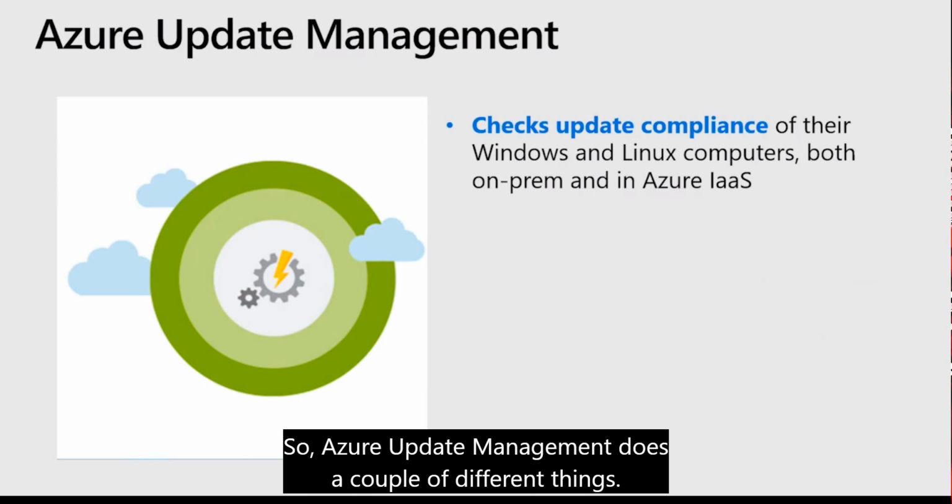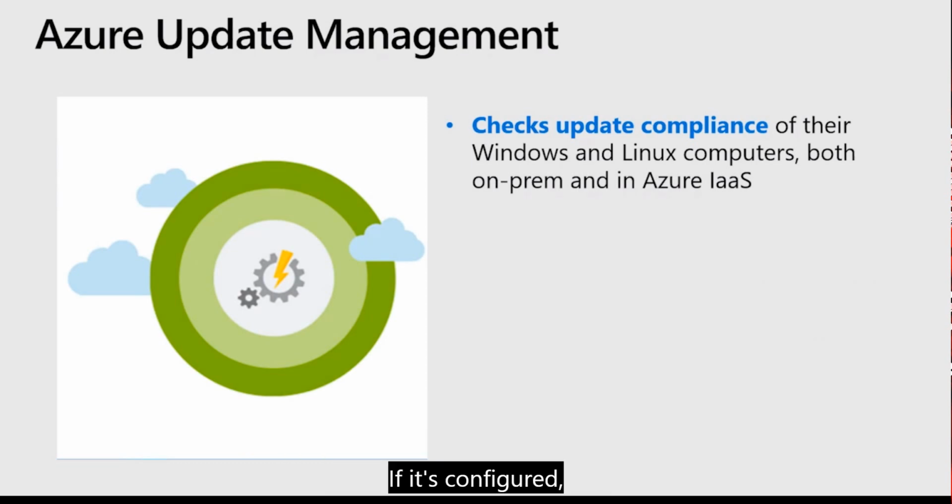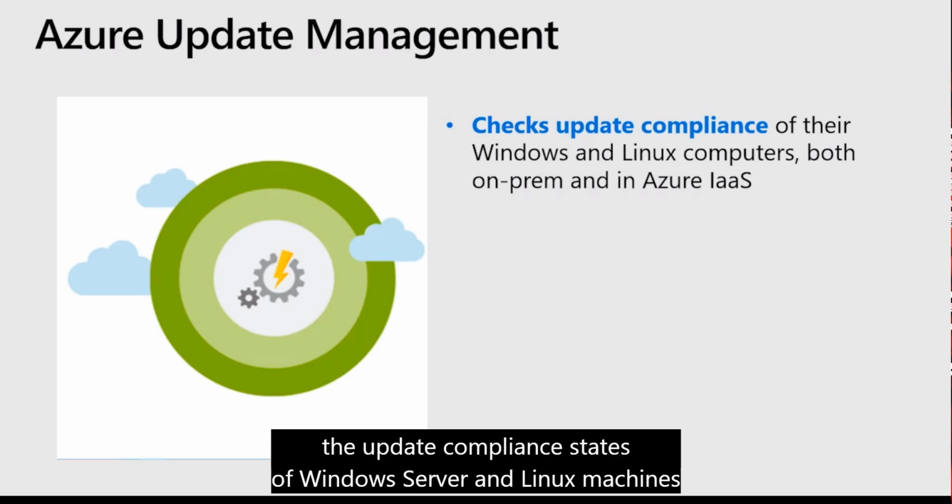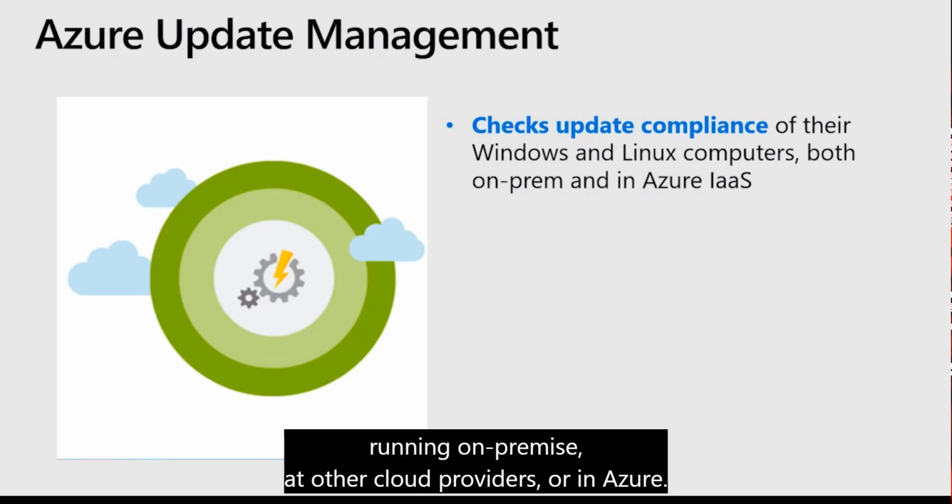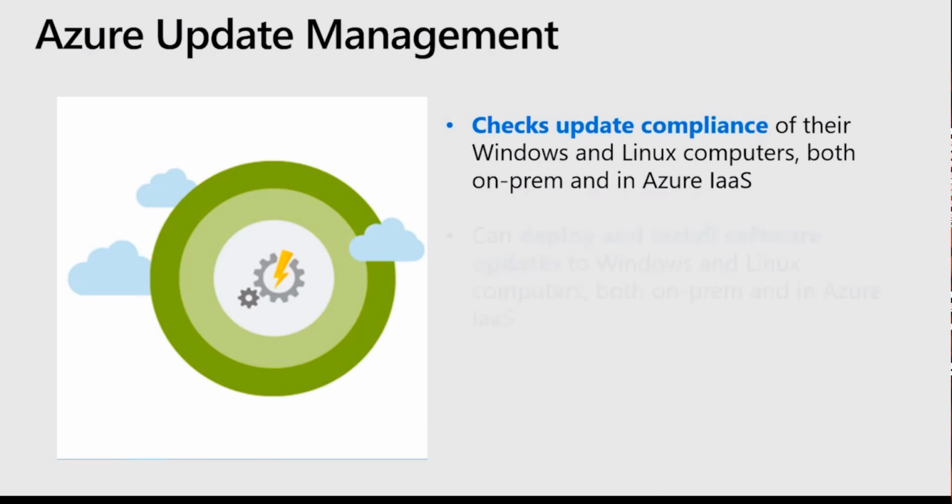So Azure Update Management does a couple of different things. If it's configured, it actually goes out and checks the update compliance states of Windows Server and Linux machines running on-premise, at other cloud providers, or in Azure.